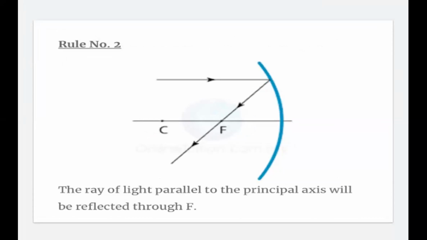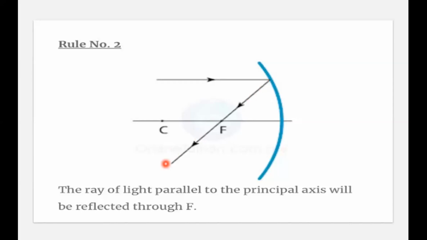Rule number 2 is the ray of light parallel to the principal axis will be reflected through F. Means the ray of light is incident on a concave mirror, and definitely after reflection, it will always pass through the focus.